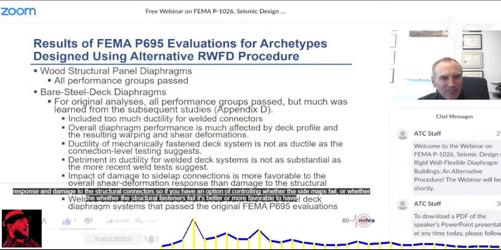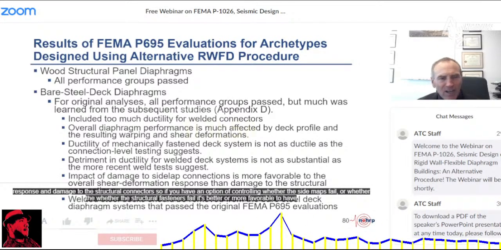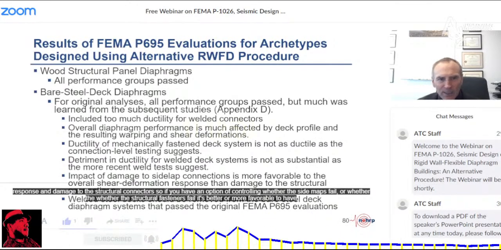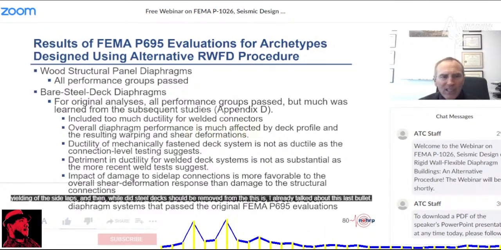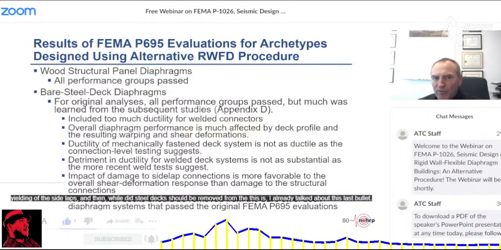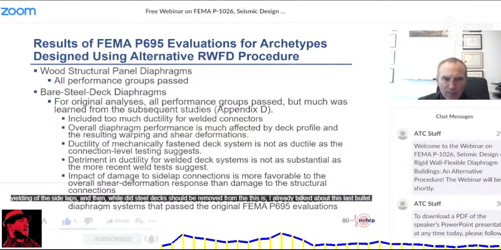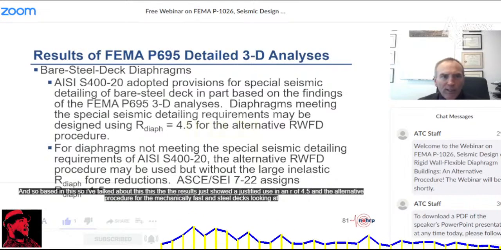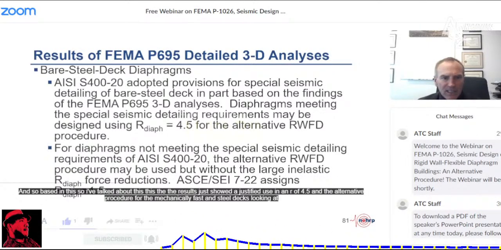So if you have an option of controlling whether the side laps fail or the structural fasteners fail, it's more favorable to have yielding of the side laps. And then welded steel decks should be removed, as I already talked about. Based on this, the results justified using an R of 4.5 in the alternative procedure for the mechanically fastened steel decks.